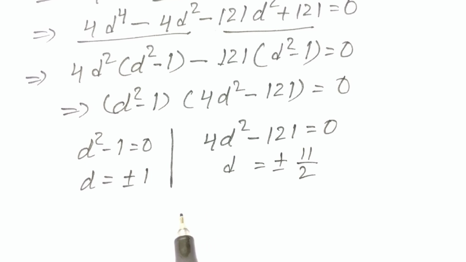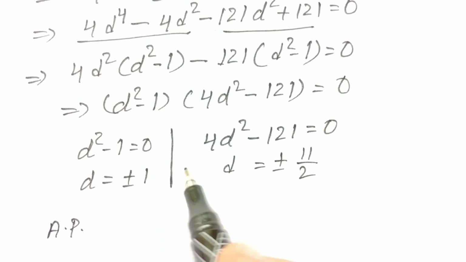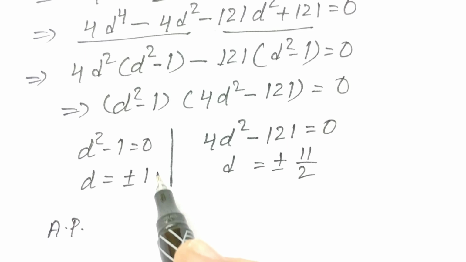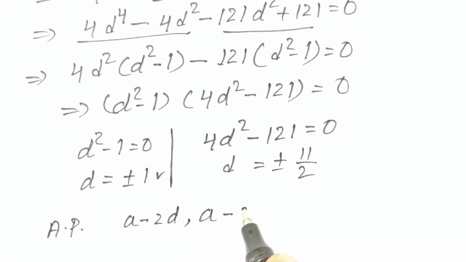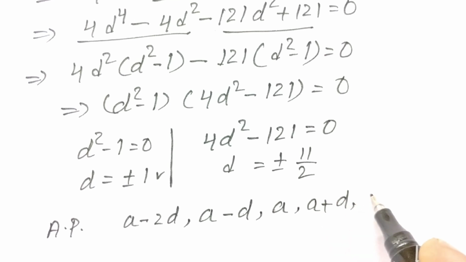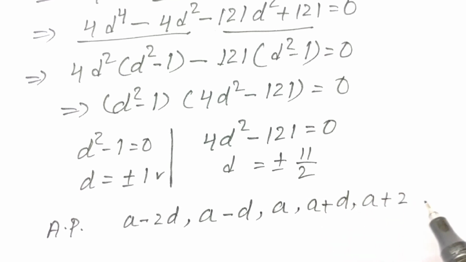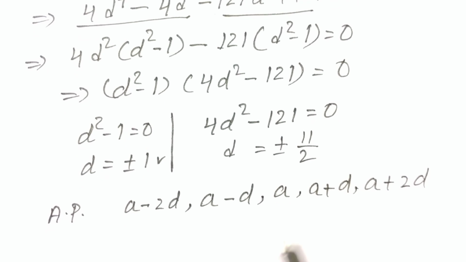So the arithmetic progression will be, as we have the series A minus 2d, A minus d, A, A plus d, A plus 2d, right?